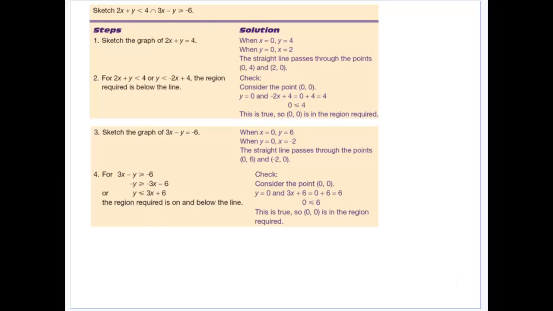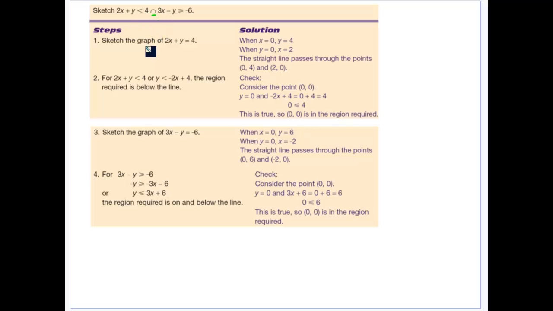Now we want to look at a bit of a harder problem, and it's harder because we're going to look at where two regions on the lines intersect, and that's what this little symbol means here. That little upside down semicircle, or N, or whatever you'd like to call it, means the intersection of two regions.